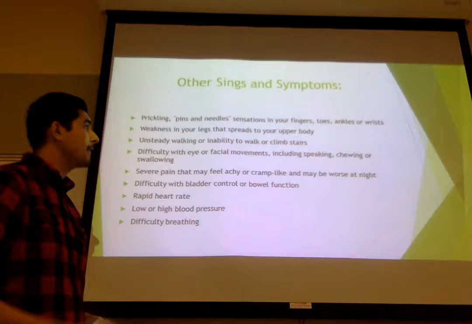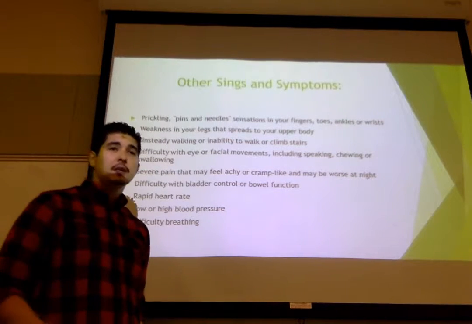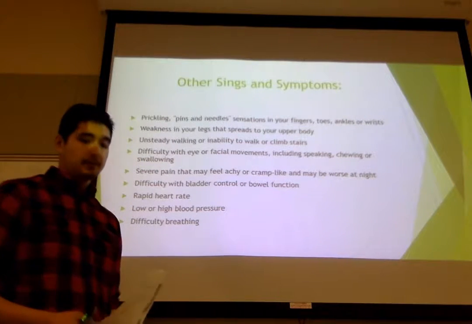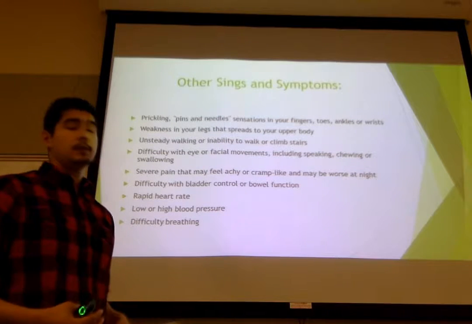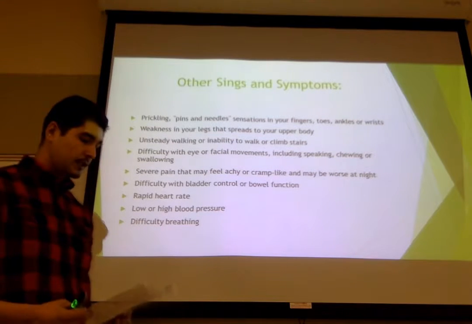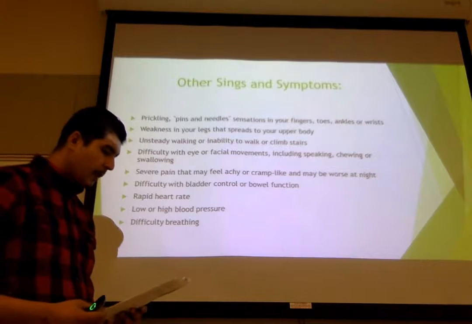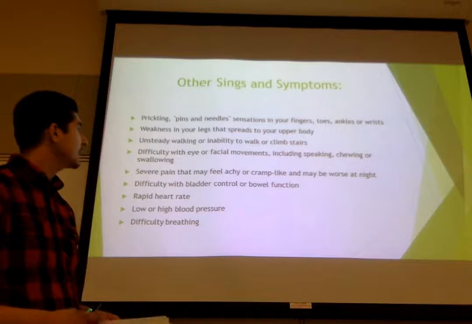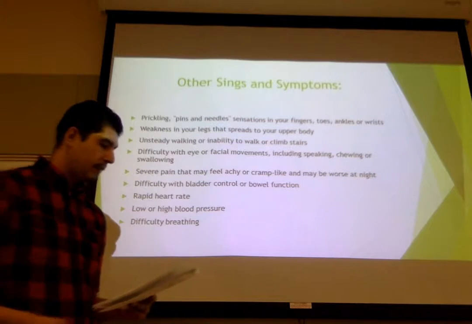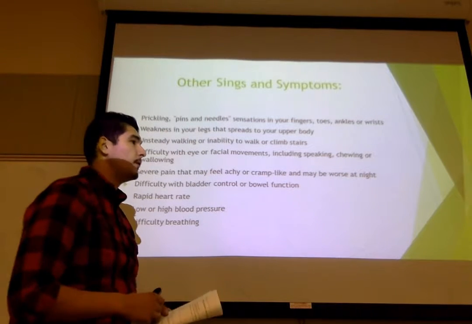Difficulty with eye and facial movements, including speaking, chewing, or swallowing in severe cases, or once your Guillain-Barre syndrome reaches its peak. Severe pain that may feel achy or cramp-like and may worsen at night. Difficulty with bladder control or bowel functions.